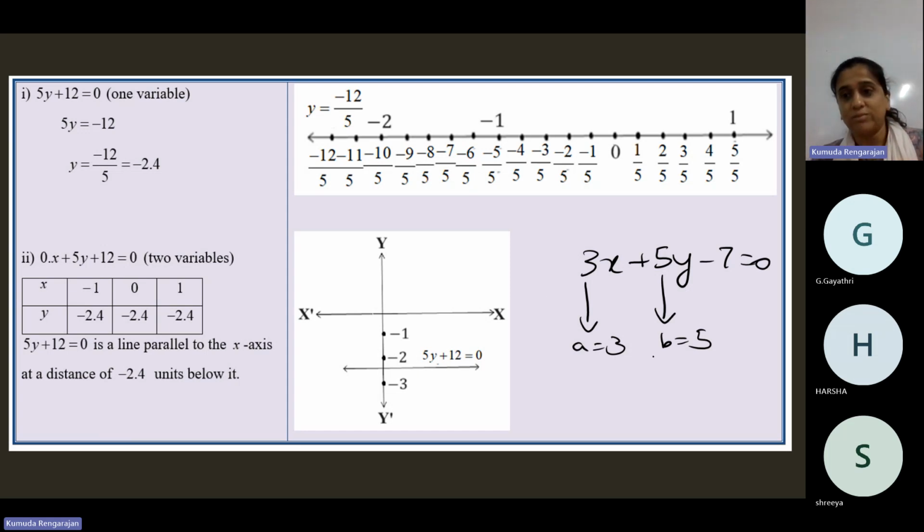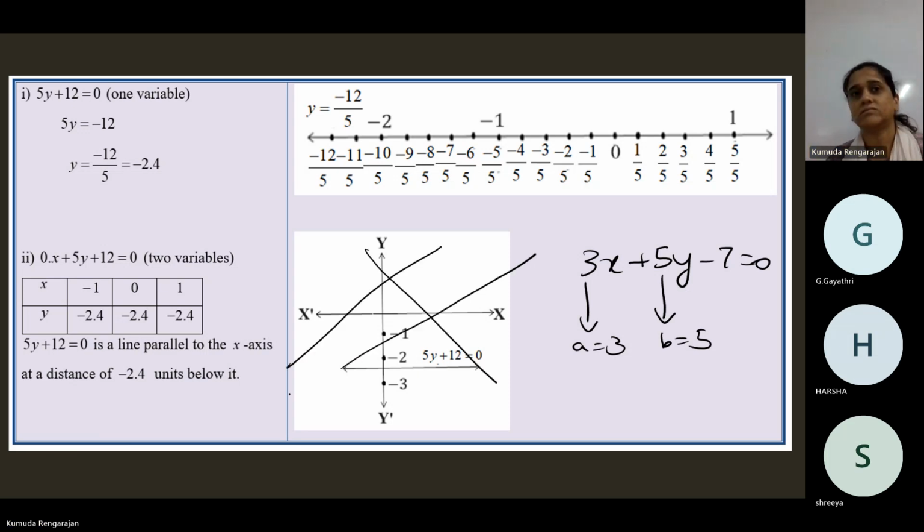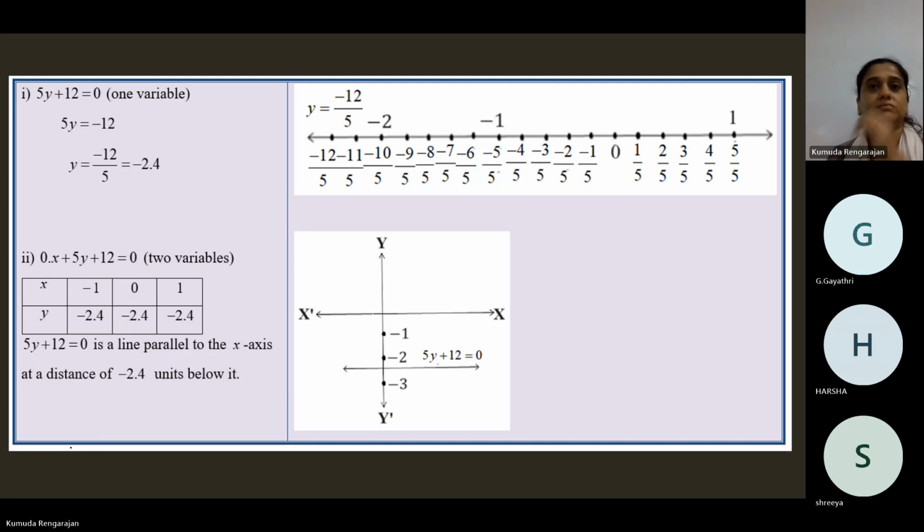When A is 3, B is 5, when both A and B are non-zero values, then you can get a line like this or whatever. Clear?